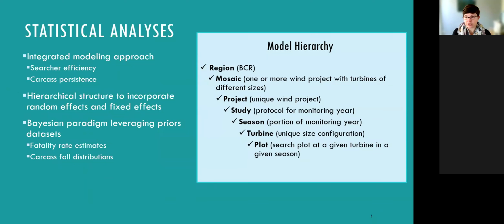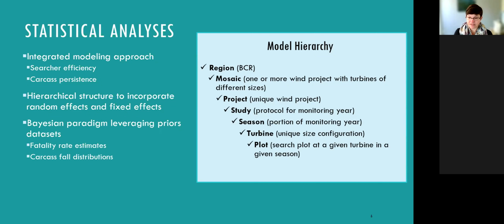Region obviously could be an important factor on mortality, as well as the individual mosaic, the individual project, the study protocol, the time of year the monitoring was performed, the actual turbine itself, and the search plots, because a lot of times you'll have different search plots even within a given site. We used a hierarchical structure, and that allowed us to incorporate both the random and the fixed effects.